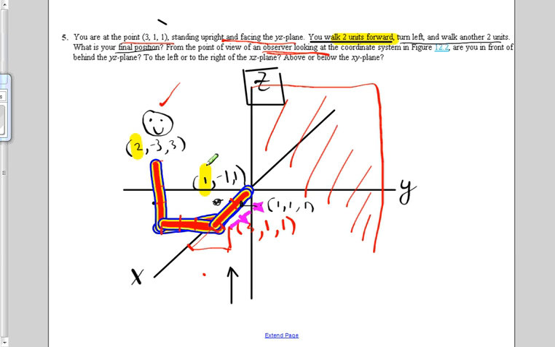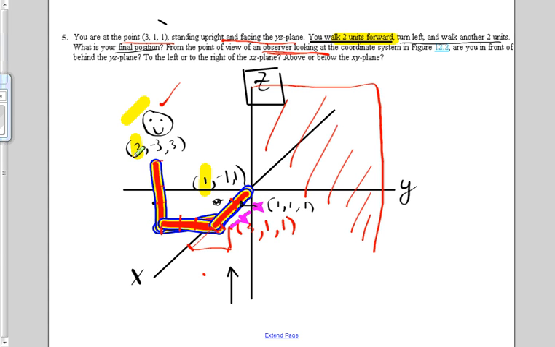So independent of my YZ values, those are just telling me where I would be, sort of a projection onto the YZ plane. But as far as the YZ plane is behind me, and the observer is in front of me. So in other words, if we were at the YZ plane, I'm one positive away in the X, and the observer is 2 positive away in the X. So the observer is further away from the YZ plane.